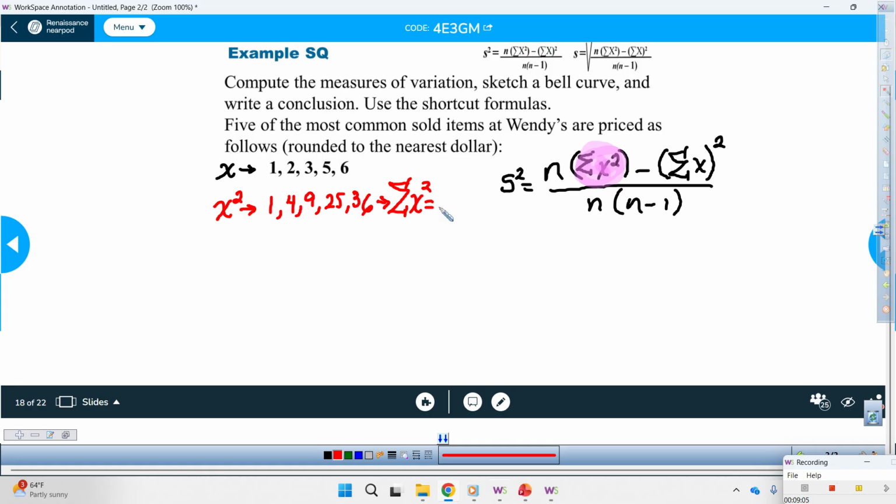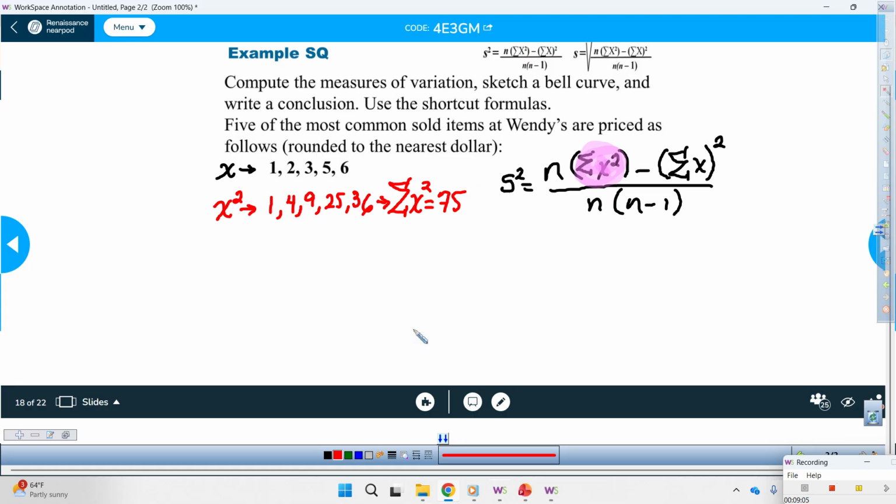So, here we go. What is 36 plus 25 plus 9 plus 4 plus 1? My computation is correct. That's 50, 61, 75. Is that correct? Double check my work.